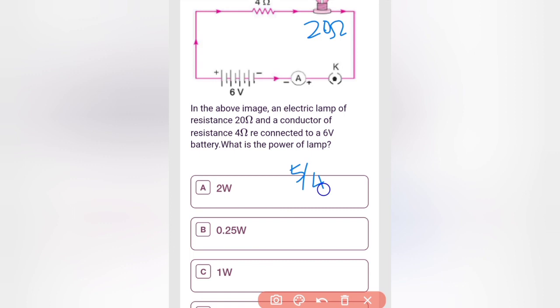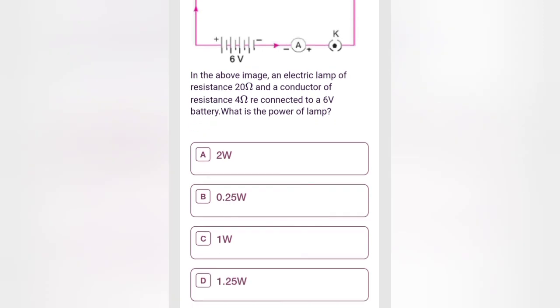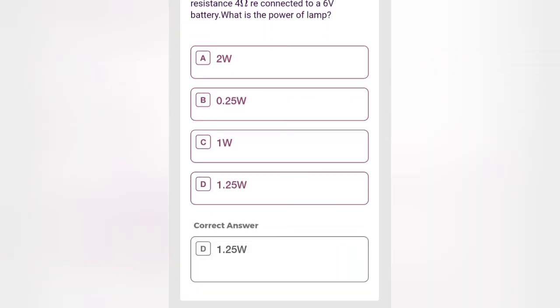Or else we can find the power another way: I square R. I square is 1 by 4 into 1 by 4, R value is 20. So 20 by 16, which is 1 point something. Clear? 1.25 is the correct answer.